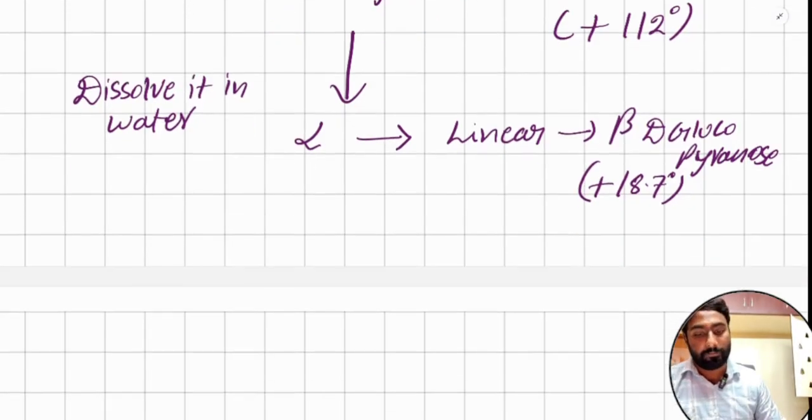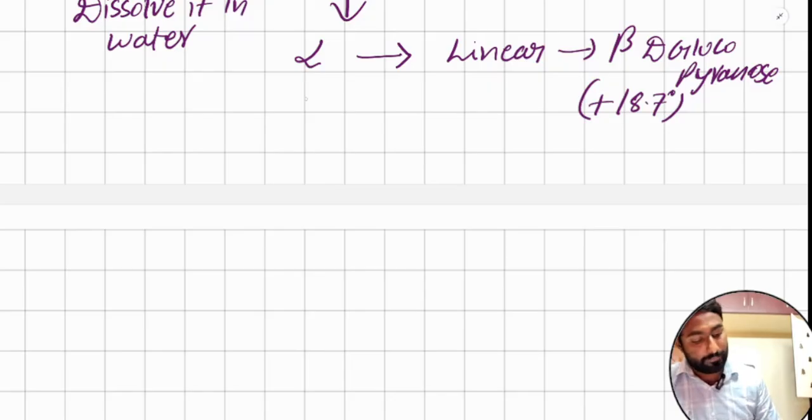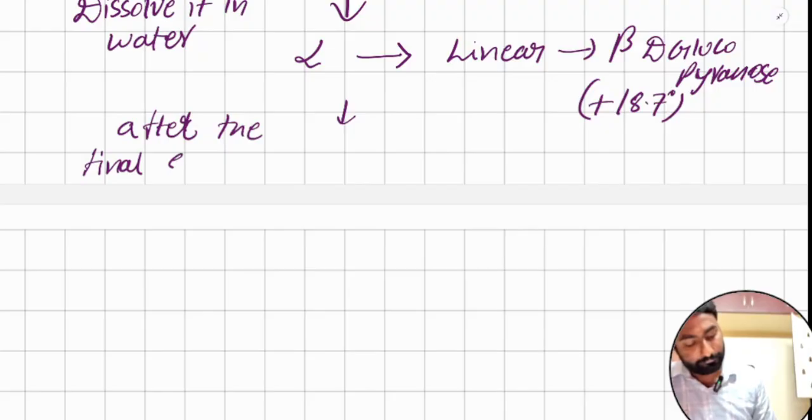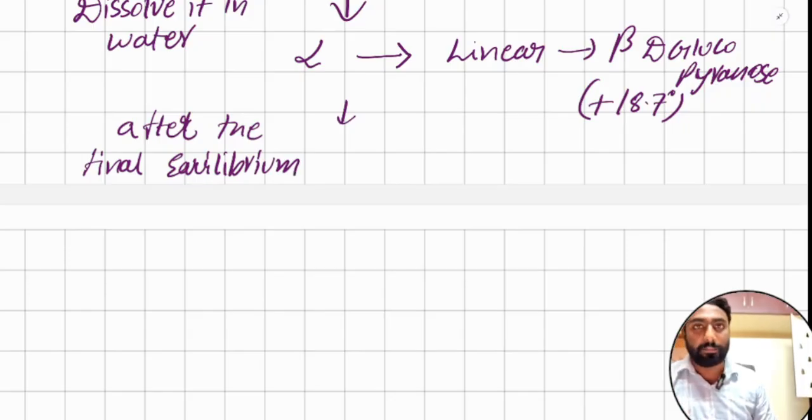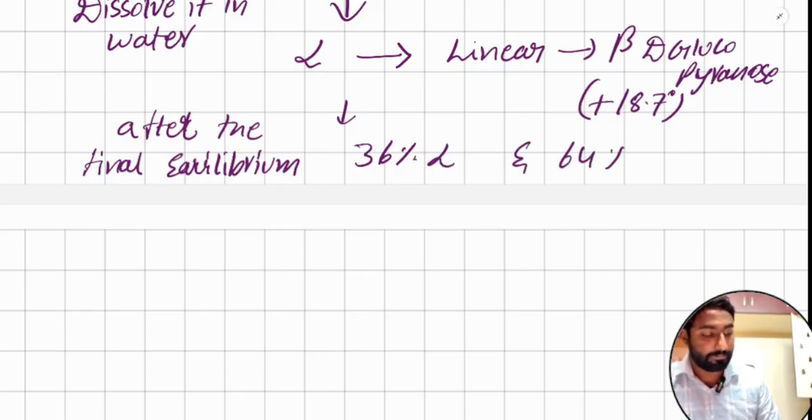Okay. So after that, finally it will reach an equilibrium state. After the final equilibrium, in that solution, it is almost 36 percent alpha and 64 percent beta. Okay.